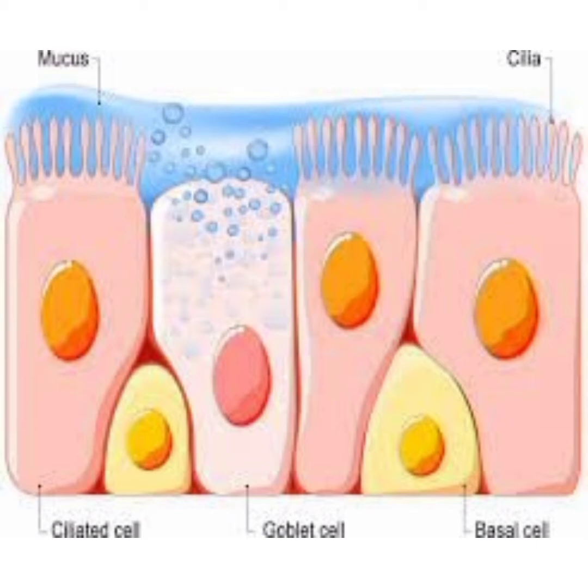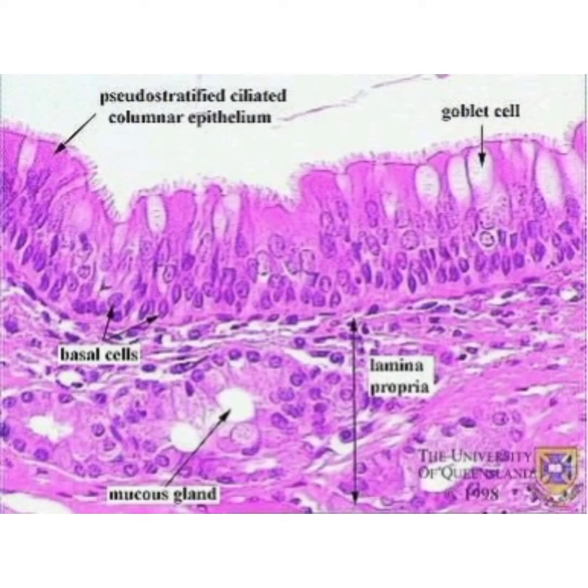Among the columnar cells, we have numerous cells, predominantly in some areas, with basal nuclei, and the apex of these cells is filled with granules of mucin, a glycoprotein, and these cells are called goblet cells. Presence of goblet cells is a specific feature of respiratory epithelium.